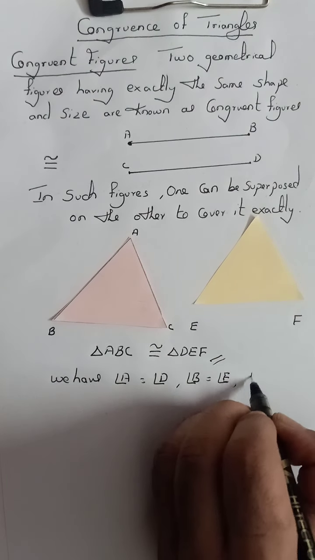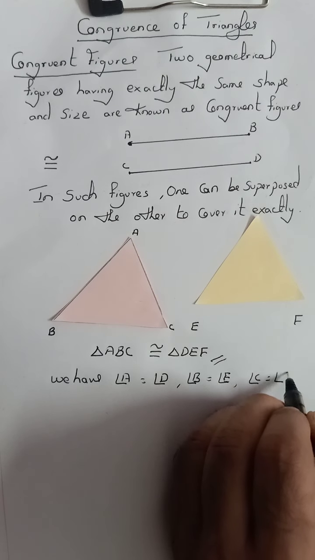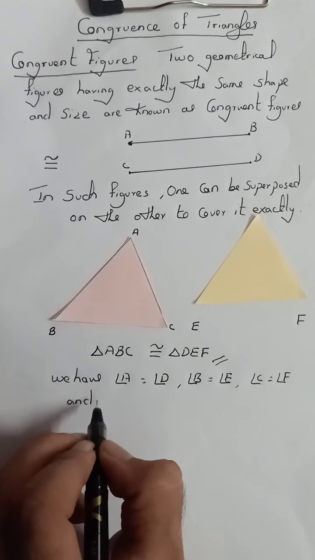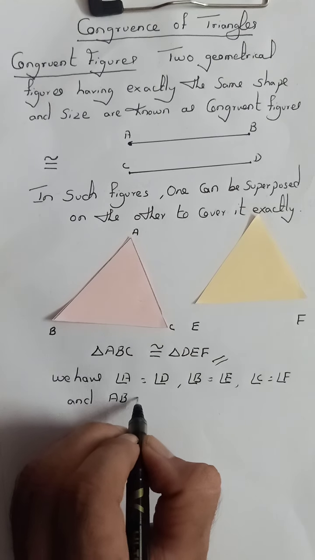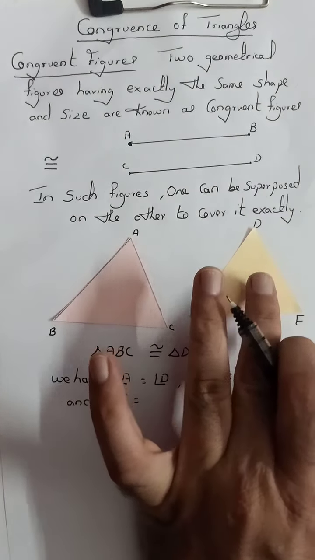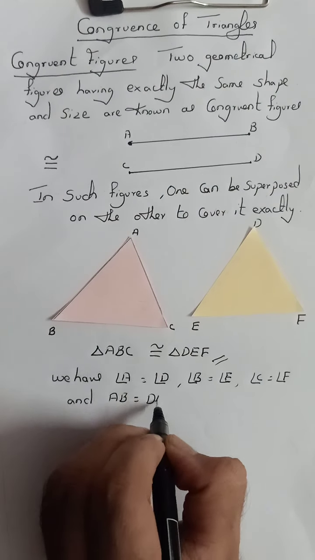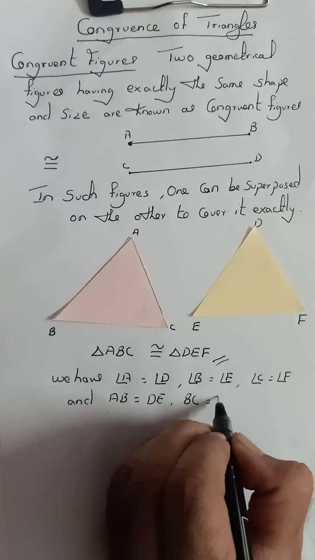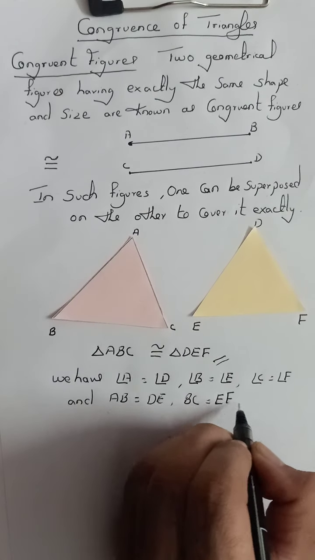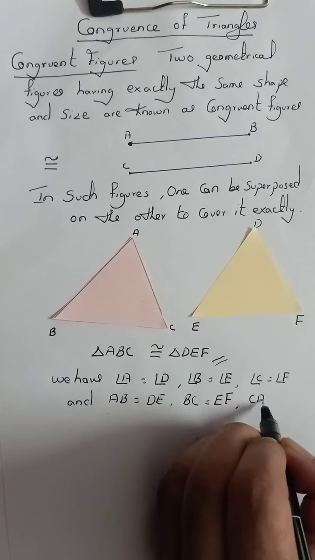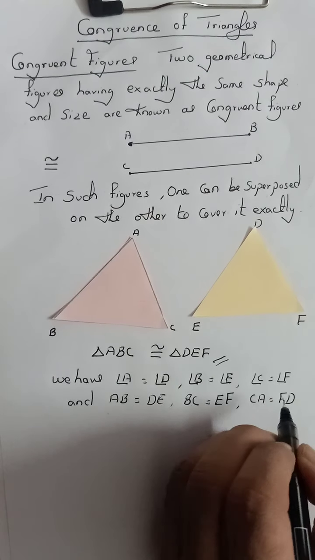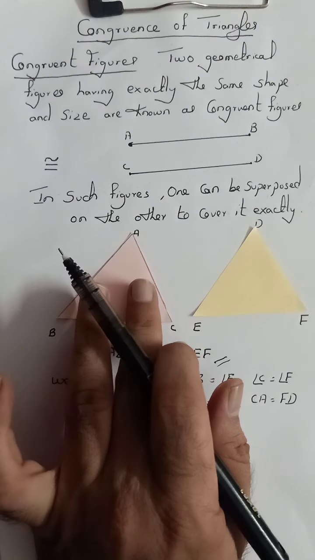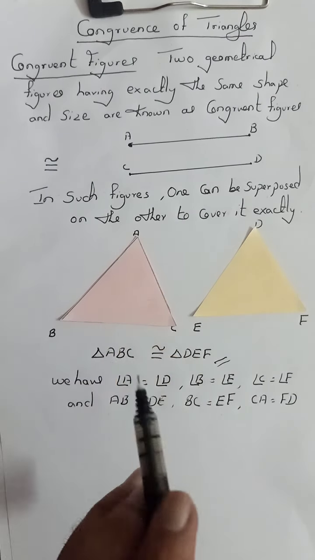And angle C is equal to angle F, and also AB is equal to DE, BC, this side, is equal to EF, and CA is equal to FD. So if these two triangles are congruent, then their corresponding angles and corresponding sides are equal.